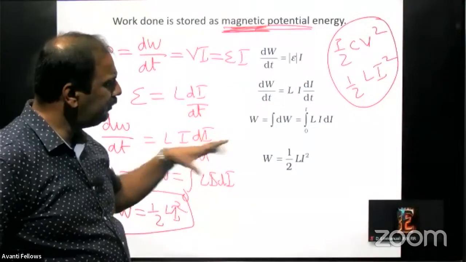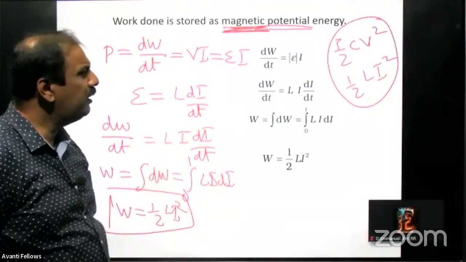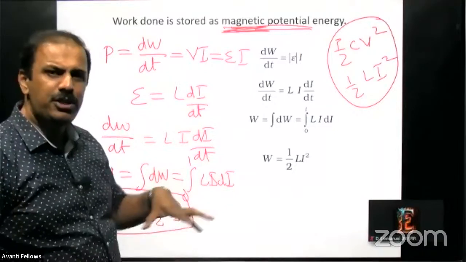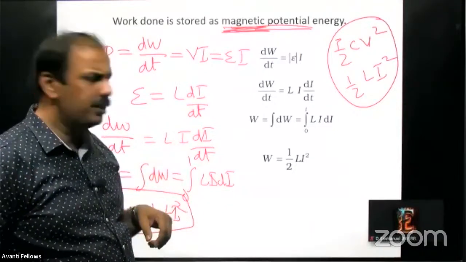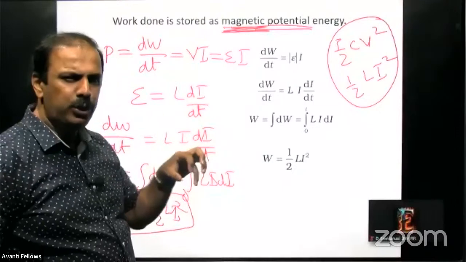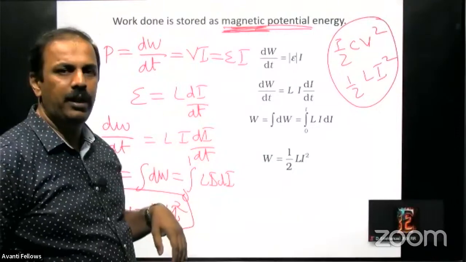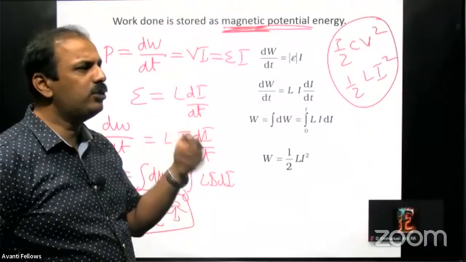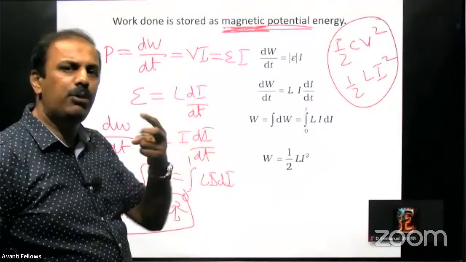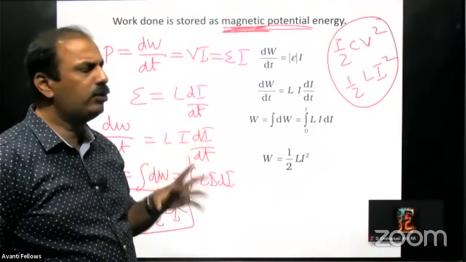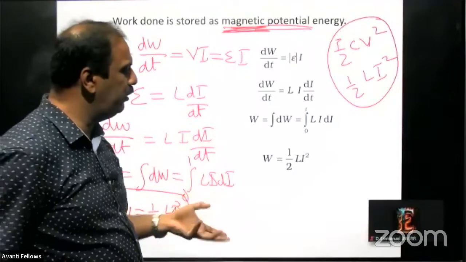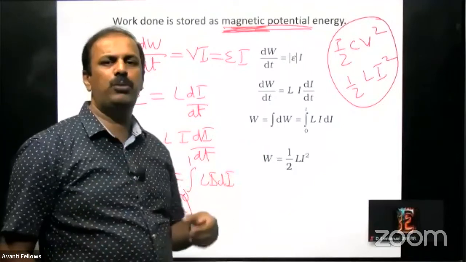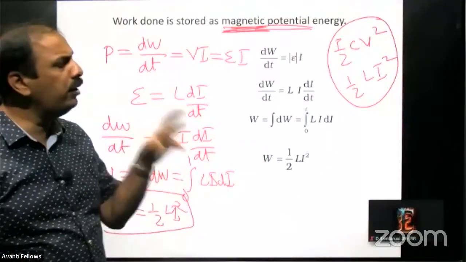We have half CV square and half Li square in the case of our inductor. Now you see here, in the actual situation, when you have two coils, you have one coil and inside that one, another coil will be there. When the current is passing through both coils, two effects will be there for that coil.